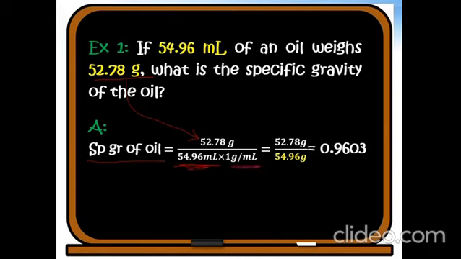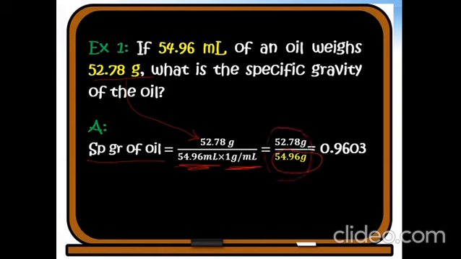We know the density of water. If there's no specific indication, we assume the density of water is 1 gram per ml, and we get the weight of the water with the same volume as this oil. And we calculate the ratio.